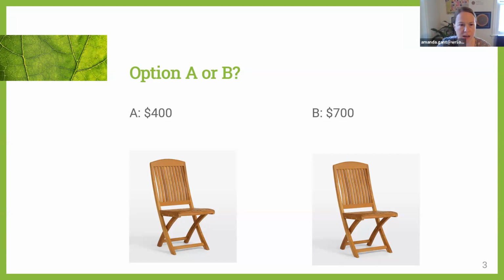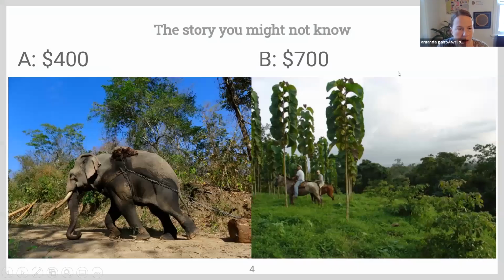But when we go and check a little bit more, next slide, please. If you knew the story, you might realize that chair A, even though it is identical physically to chair B, is produced in completely different ways.